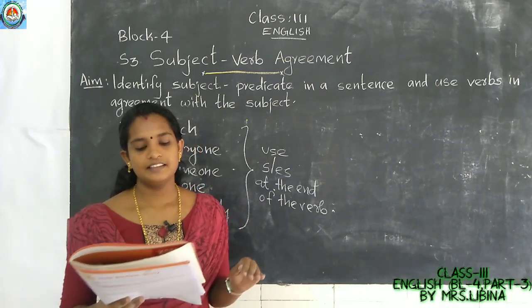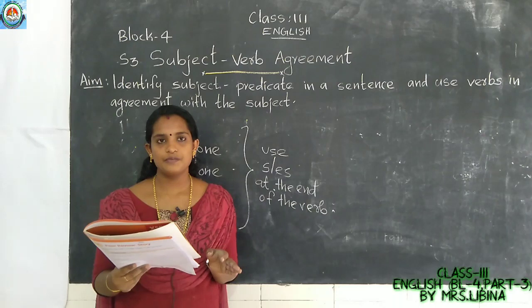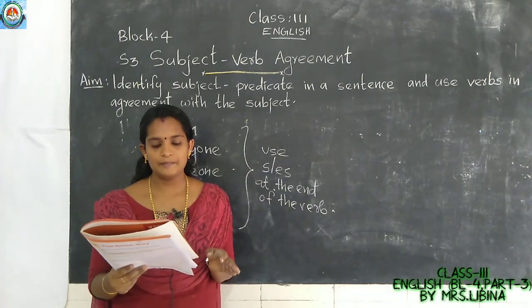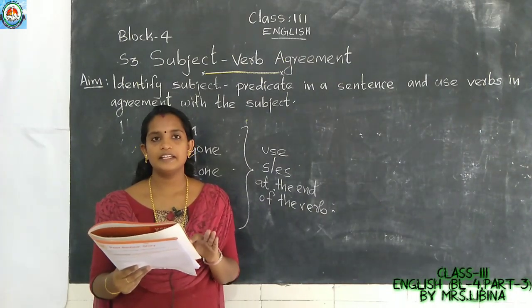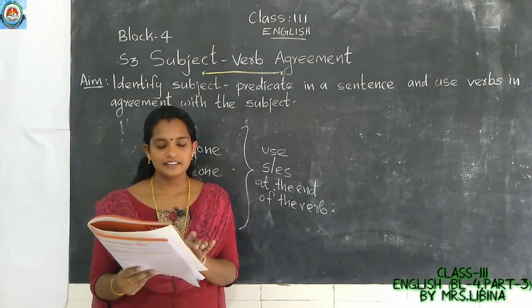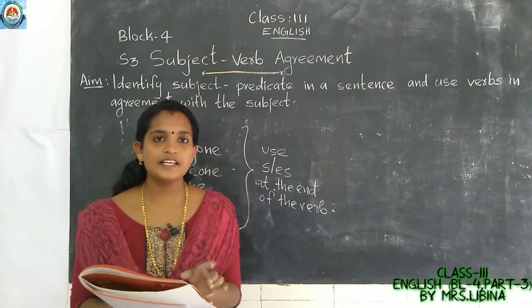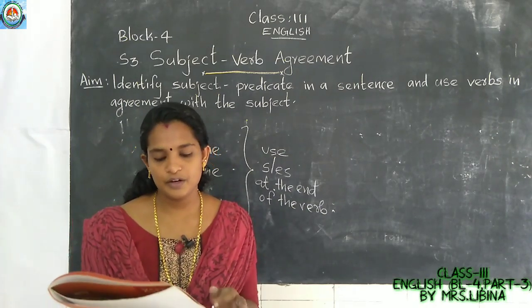Okay, then C, third one, make sentences with each word. Okay, each, nobody, everyone. I have told you these are the singular subjects, so you have to use S or ES at the end of the verb.